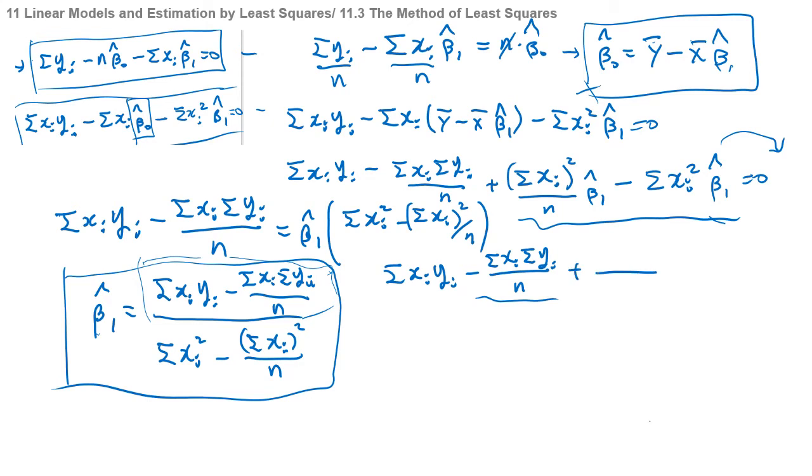So plus sum of xi sum of yi divided by n minus sum of xi sum of yi divided by n. This is the same because this part is actually 0. And actually this one is x bar, so we can re-express this as minus sum of yi x bar.